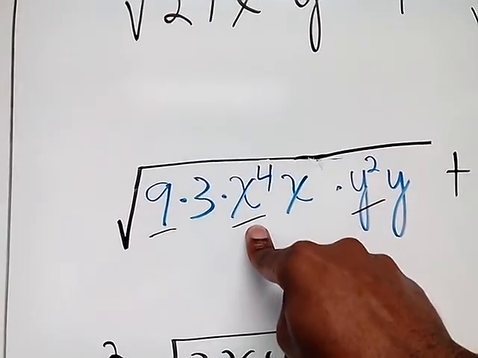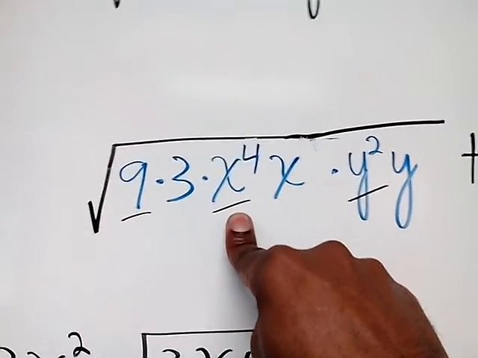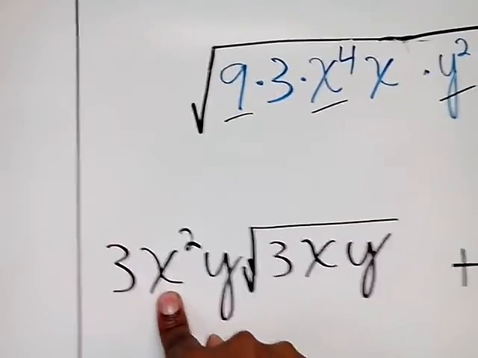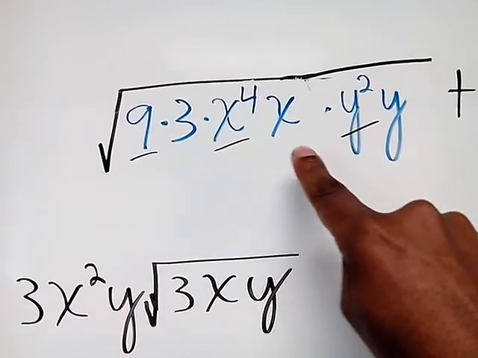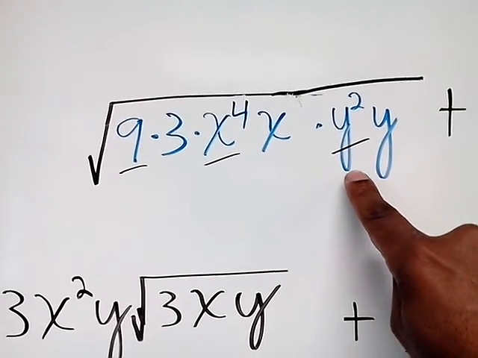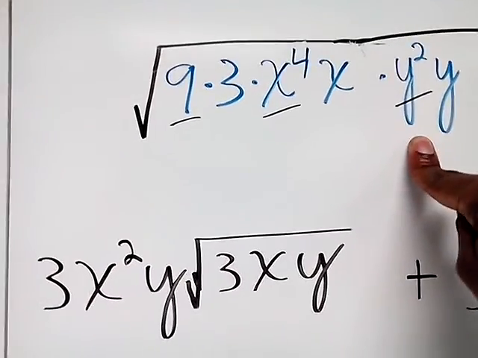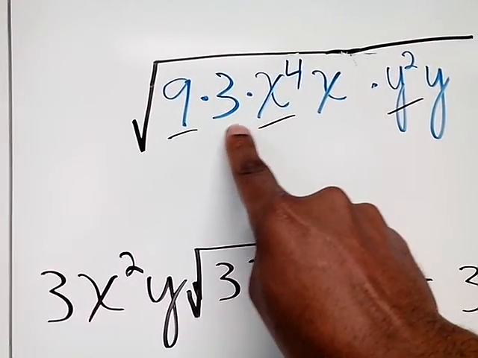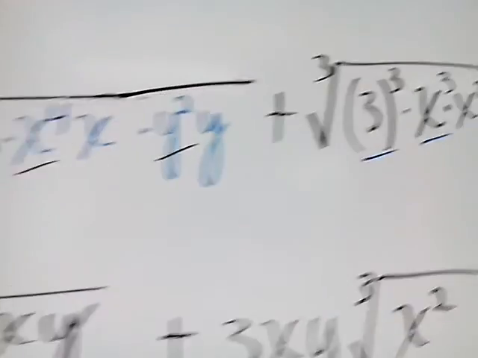Take the square root of x to the 4th. Now x to the 4th is x to the 2nd times x to the 2nd, so we get x to the 2nd as our base. So y squared, square root of y squared is y. So left inside the radical is the 3x and a y.